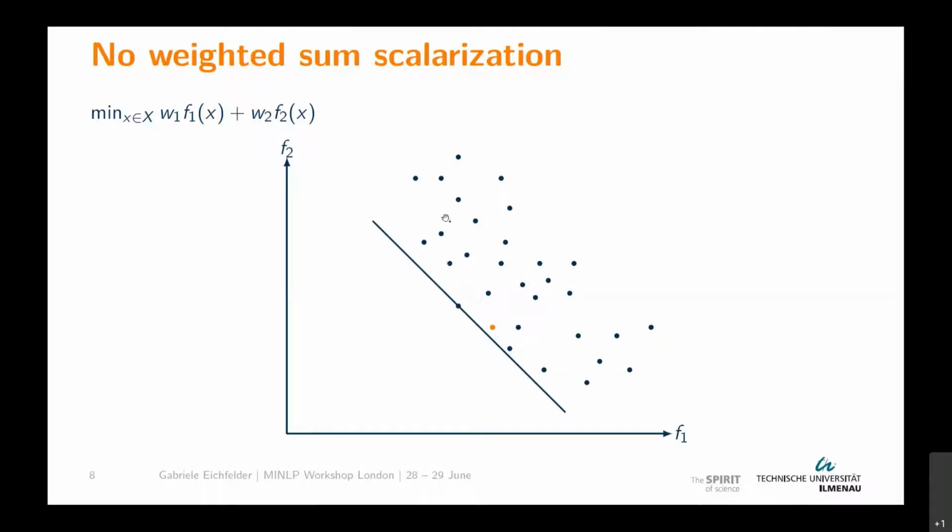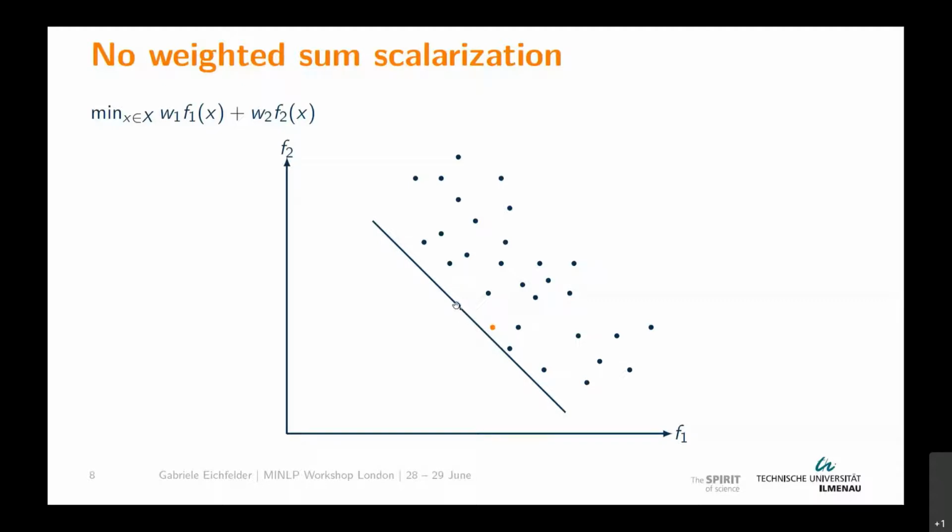And here we have dots, which are the image set of our multi-objective problem, which looks like a purely integer problem, but you can also think of it like a mixed integer problem by thinking that these dots are small, tiny little sets of points. And let's have a look at this orange dot here, which is clearly a non-dominated solution because you cannot improve one of the objective functions without worsening one of the others.